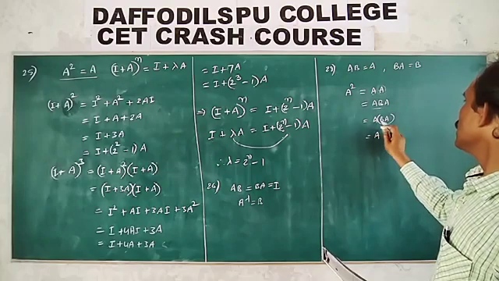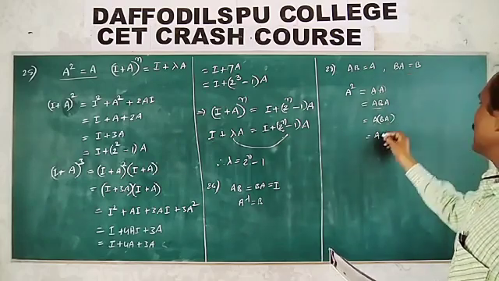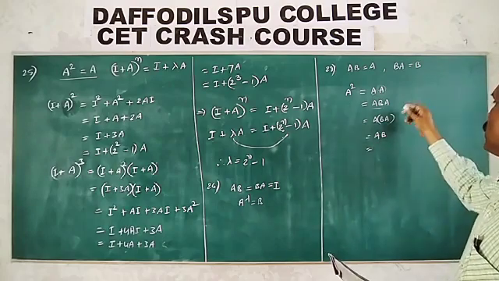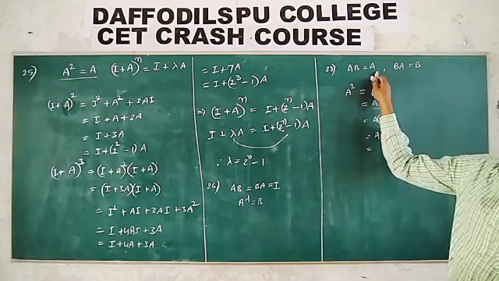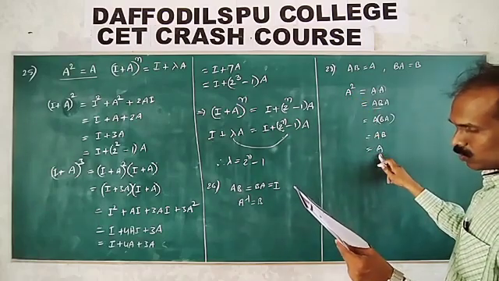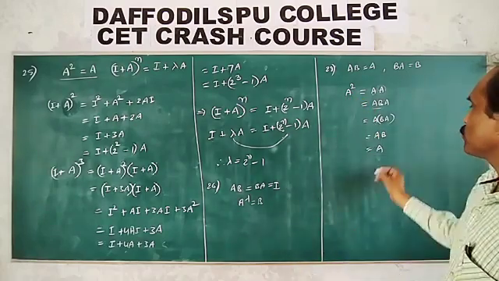Apply for this: BA can be written as B. Again AB can be written as A. So finally, A square value is equal to A. Second option.